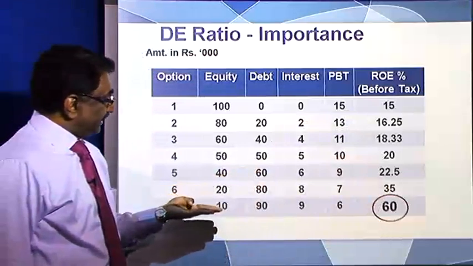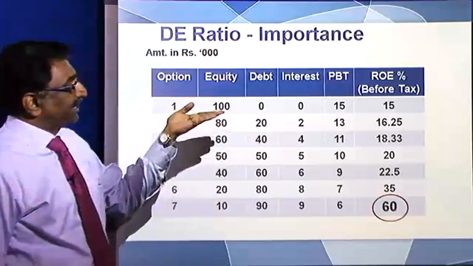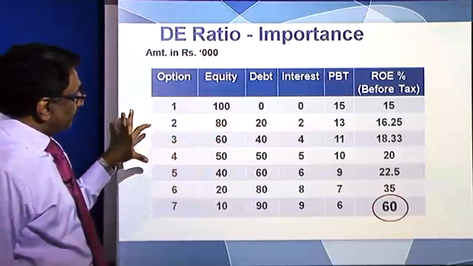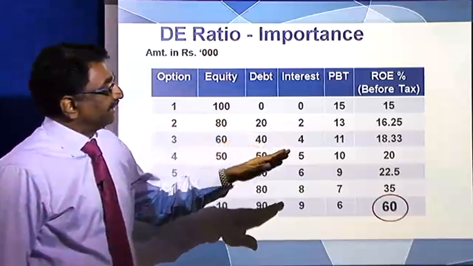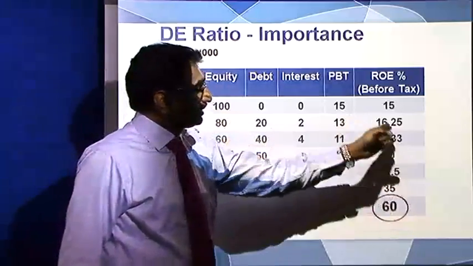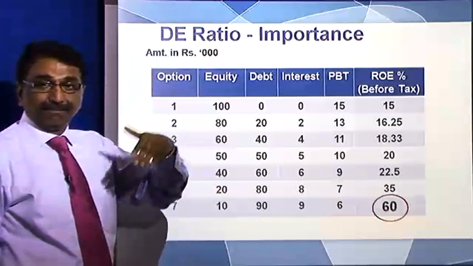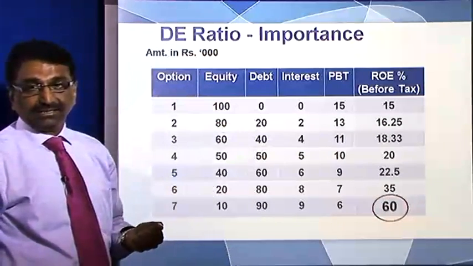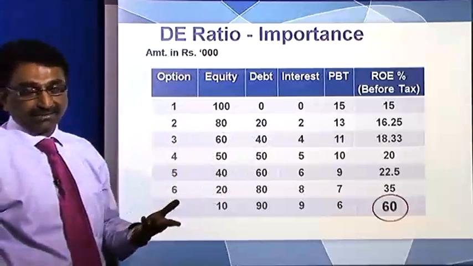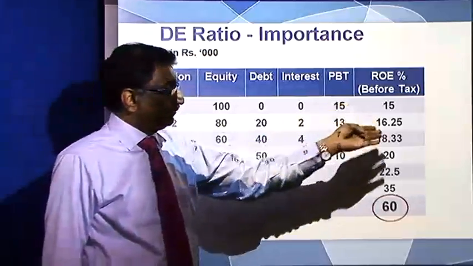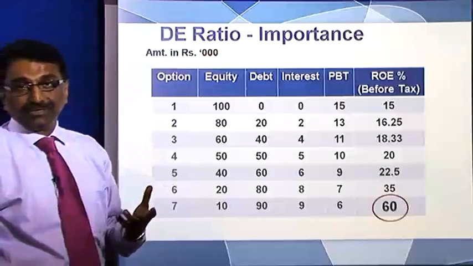So the idea is that the management of the company should be in a position to manage the debt equity in such a way that the returns are at an acceptable level compared to other safer instruments like bank deposits and others, because the risk you take while you actually do business is also high.